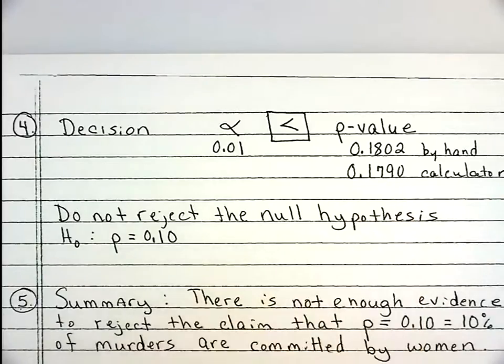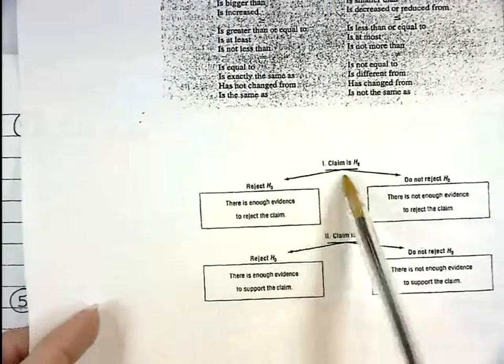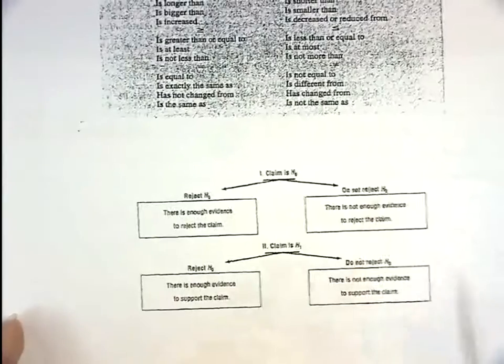Summary statement. Our claim was the null, and we decided to not reject the null. So it's very similar to the previous problem. The claim is the null. We decided to not reject the null.